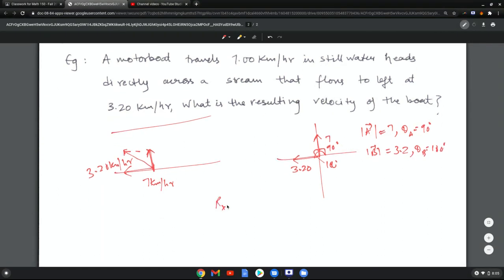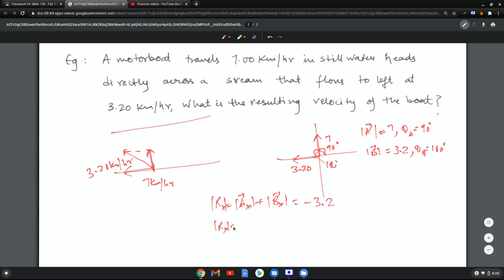So first I find Rx, which is going to be Ax plus Bx. That's 7 cosine 90 plus 3.2 cosine 180. So this comes out to negative 3.2.